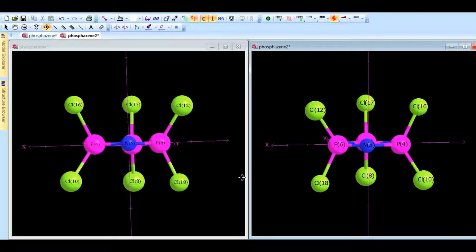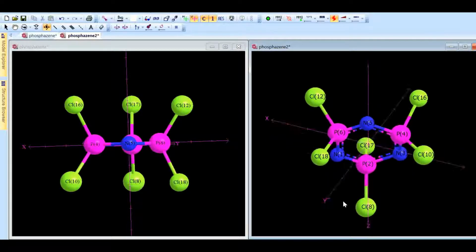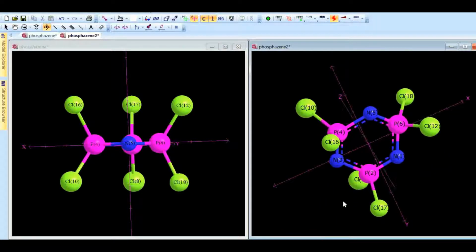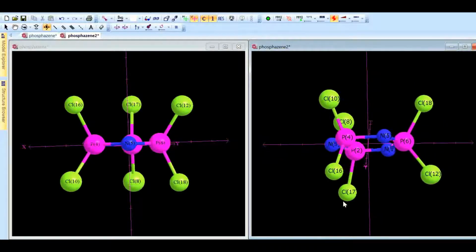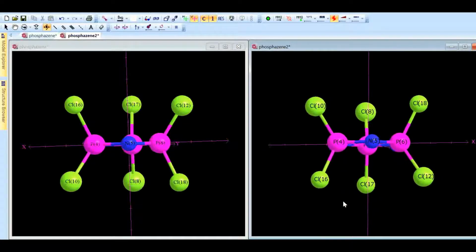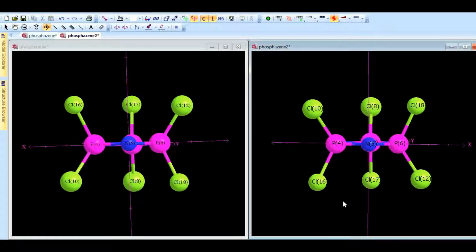You can see that the nitrogen atom number 5 is in front in both the cases. Here also you have P6. I will have to change a little bit, otherwise there will be some problem. As such, you know that nitrogen is nitrogen, but since we have numbered them, I will have to do it like this. And once again, I will have to rotate it a little bit so that both the configurations become identical.